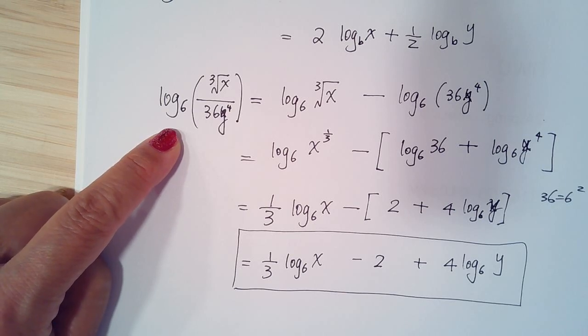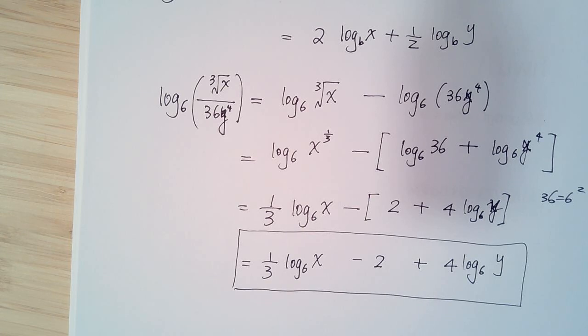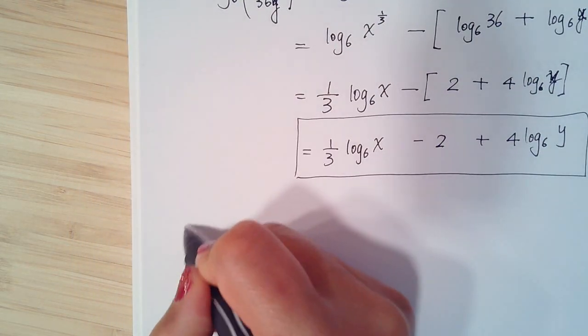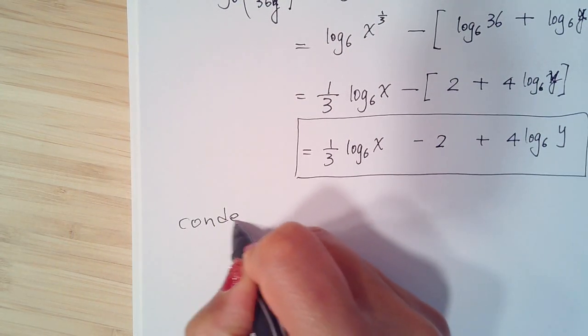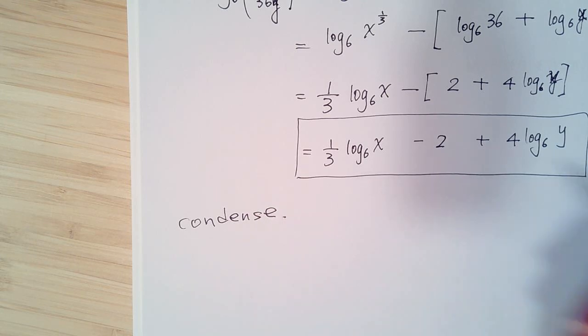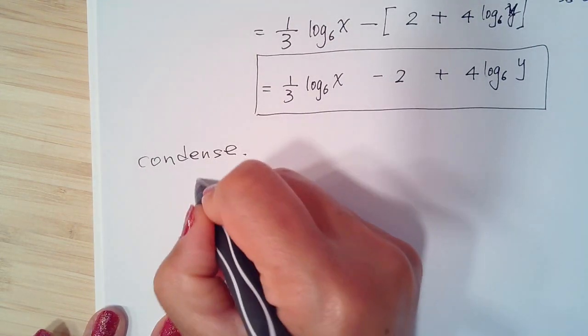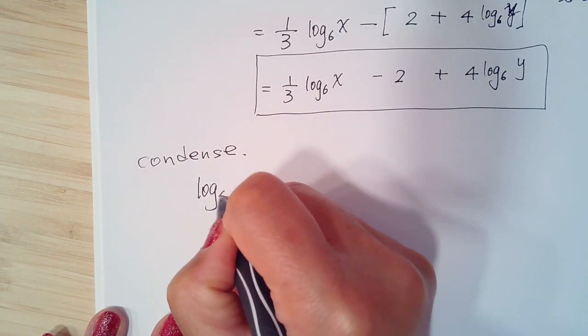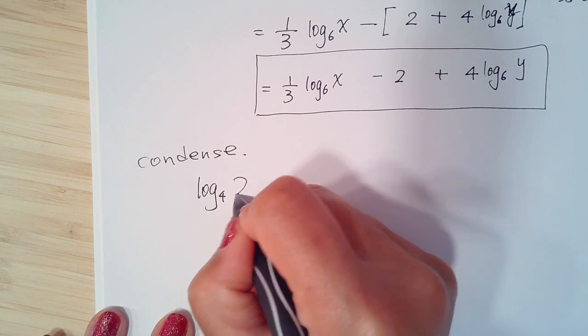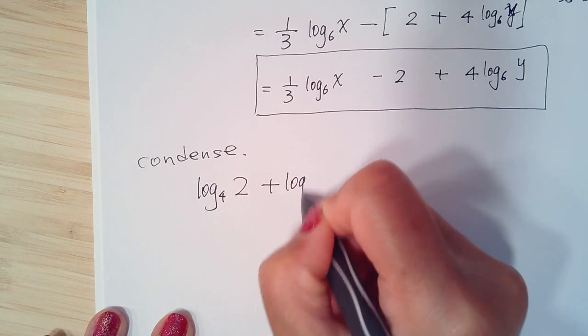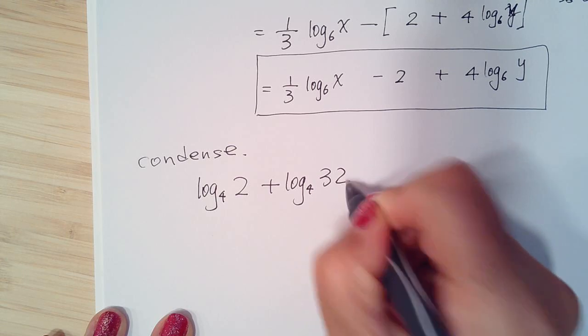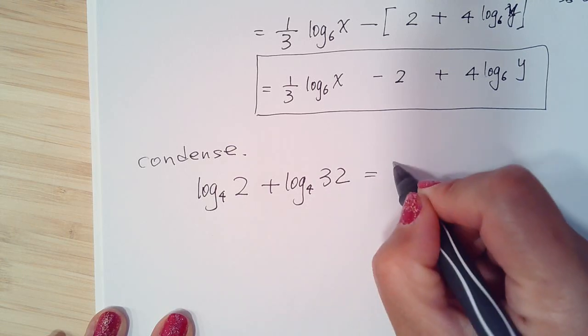So after I do the expansion, I will show you how to do condensing. I want you to condense the following. Okay, the first one, log base 4 of 2 plus log 4 of 32. Log plus log is the log of a product.